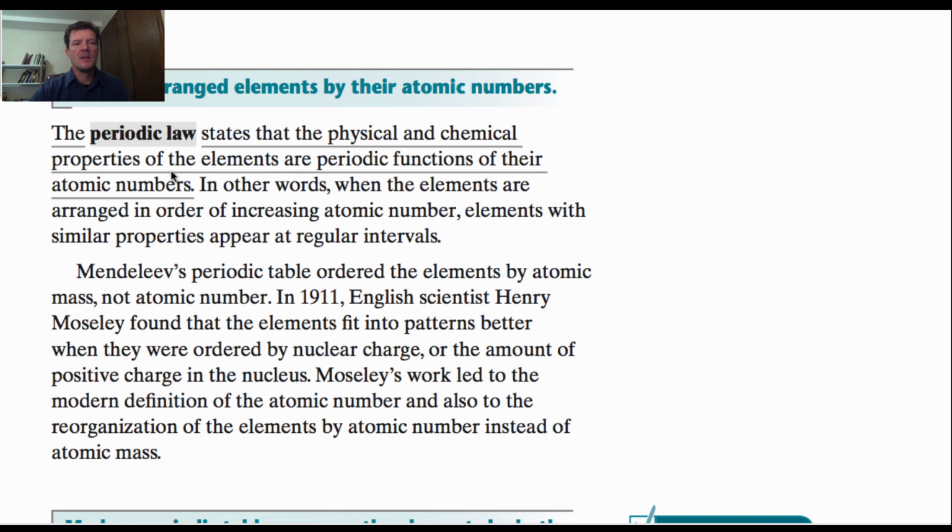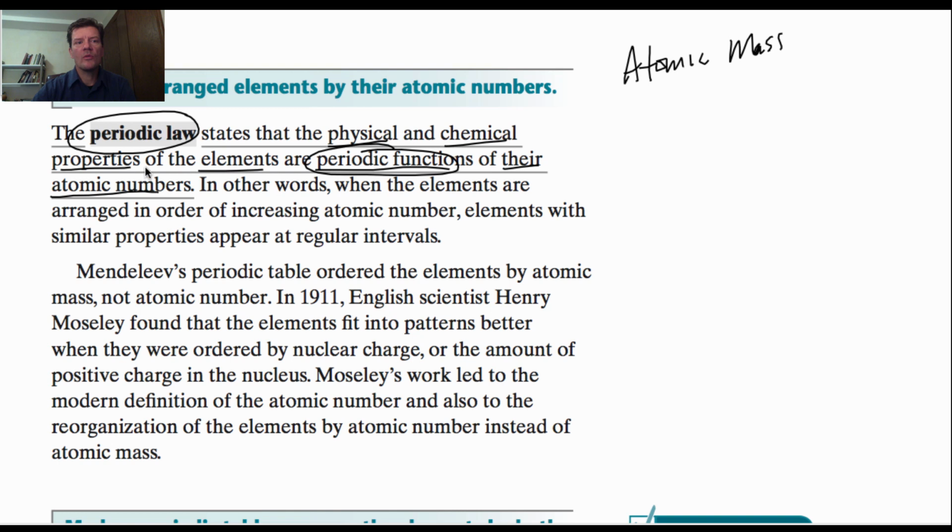Okay? So Mendeleev is given credit for discovering what is called the periodic law, and it basically says this: the physical and chemical properties of the elements are periodic functions, meaning they're going to repeat. There's going to be a pattern of their atomic numbers. Now, Mendeleev used atomic mass, but now we order the elements according to their atomic number.